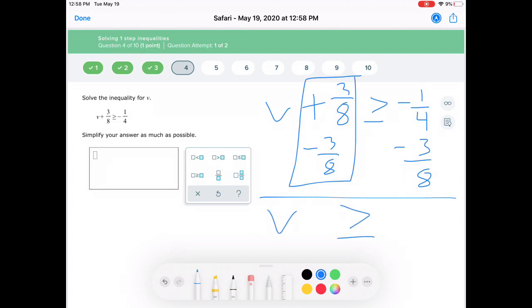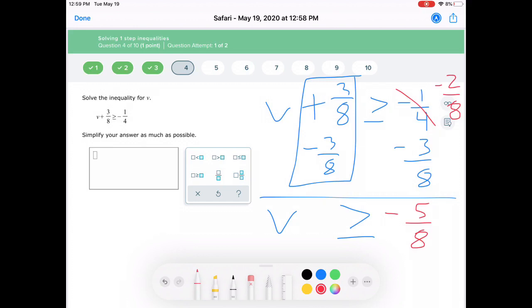If you have a calculator capable of fractions, you can put in negative 1/4 minus 3/8. If not, we're going to have to change some denominators here. So this negative 1/4, I would change to negative 2/8, so I have common denominators. And I would end up with negative 5/8 here.